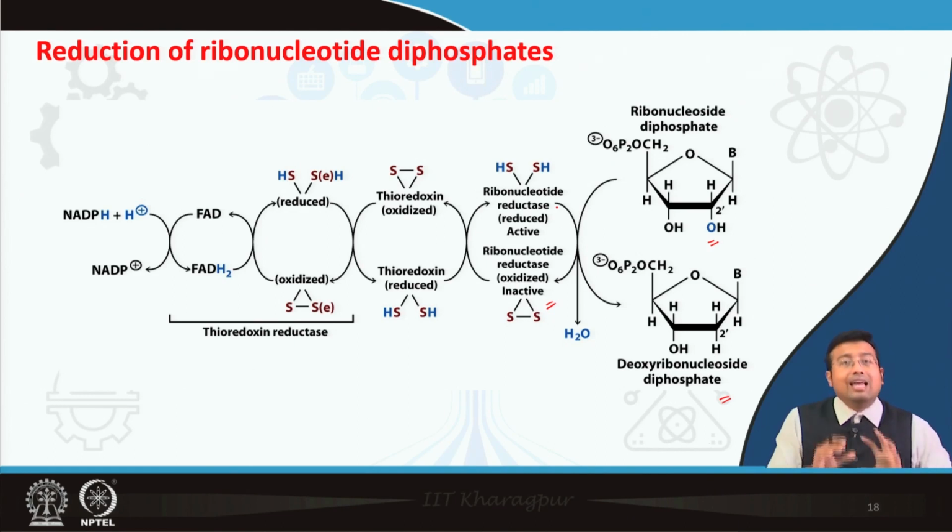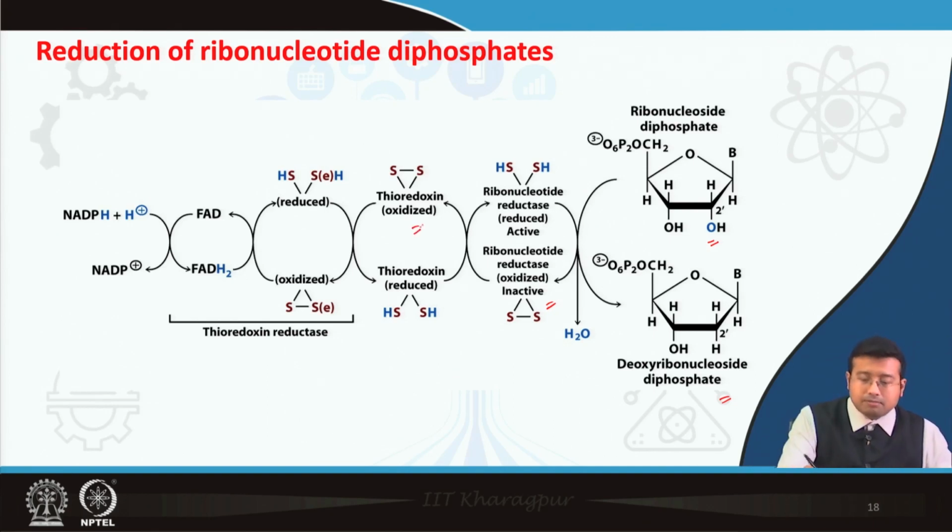Who does that? It is done by another protein known as thioredoxin. So thioredoxin helps in reduction of ribonucleotide reductase, all right, to convert it from oxidized form to reduced form. By doing that, thioredoxin also gets oxidized, fine, but we need reduced thioredoxin to catalyze this reaction. So who will reduce thioredoxin?